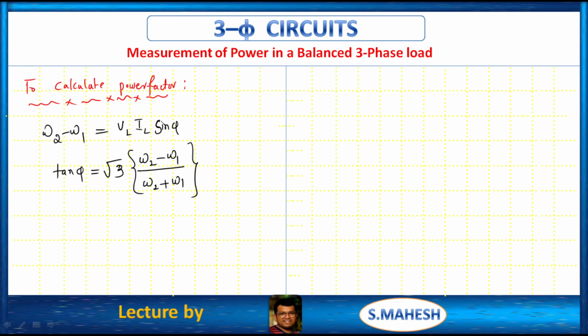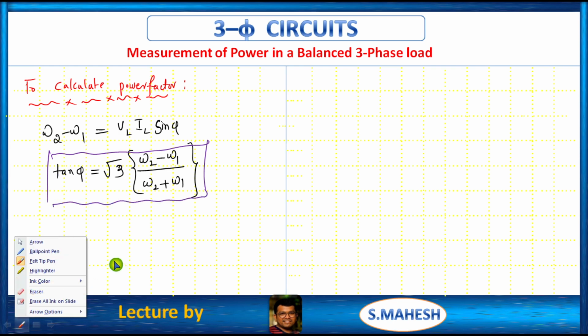If you have any doubt, just subtract this W1 from W2. You will get VL IL sin phi. So from this, tan phi is equal to root 3 W2 minus W1 by W2 plus W1. This is the formula to get phase.